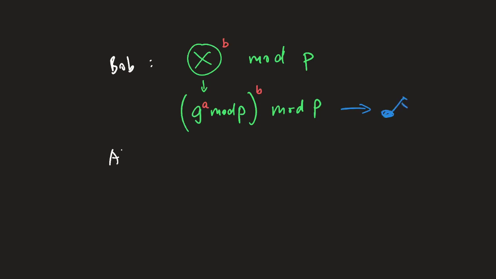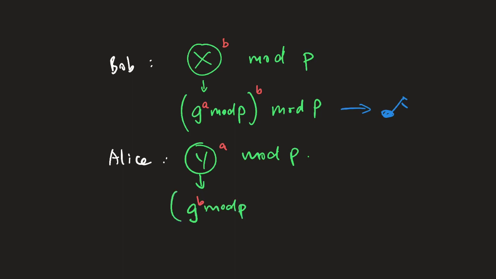Well, hey, let's look at what Alice did. Alice took a big Y to the power of A and did a mod P on it. And the Y that Bob sent her was G to the power of B mod P, to the power of A mod P, and that's her key.